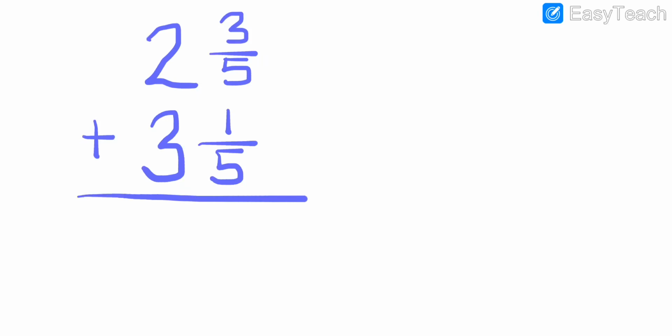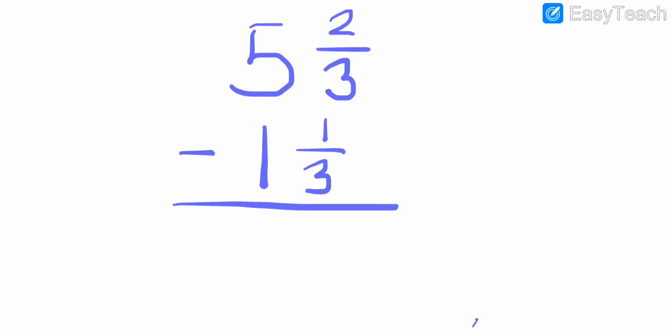I'm going to do 3 plus 1, add my numerators, and I get 4. I do not add my denominators, it stays 5. And then now I'm going over to my whole numbers, 2 plus 3, which is 5. So 2 and 3/5 plus 3 and 1/5 would be 5 and 4/5.